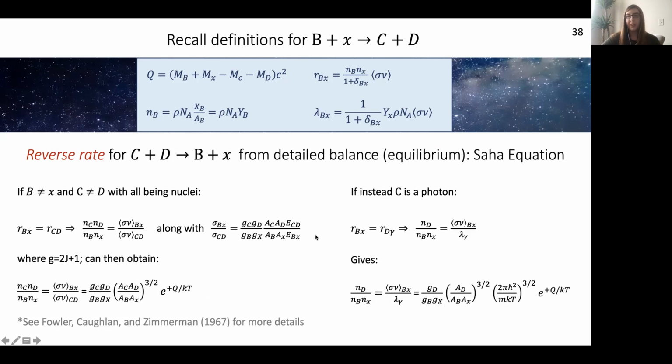So if instead you have a photon, you're still going to equate those rates, say that C is a photon, you get this type of relation here, which ultimately is going to give you the rate for photodissociation. So this is important for our process considerations because this tends to be how we get photodissociation rates.